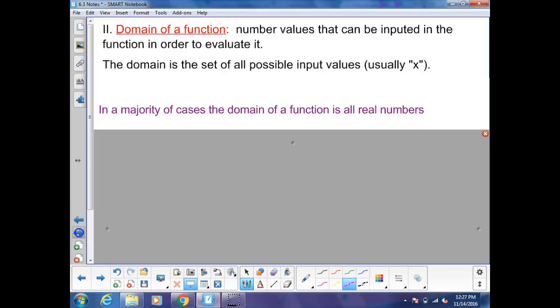If you want to use the shorthand of it, the funky R, then use the funky R. That's the symbol for all real numbers. The double-sided R.